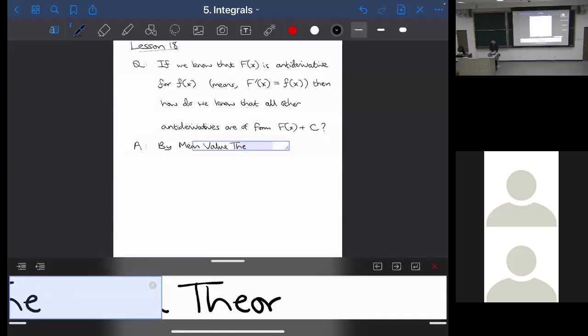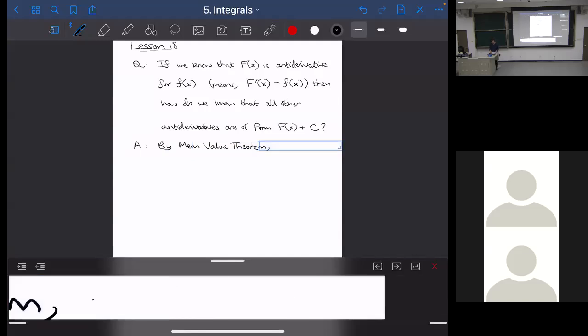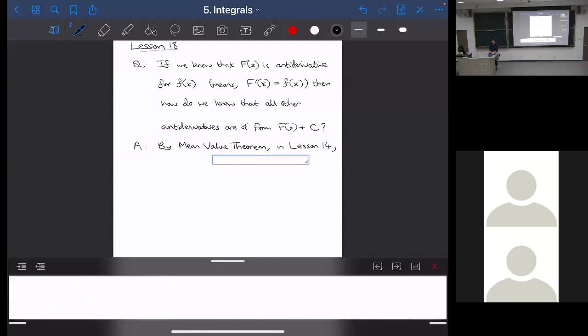To be precise, if you want to look back at the argument, it's in lesson 14, one of the corollaries.